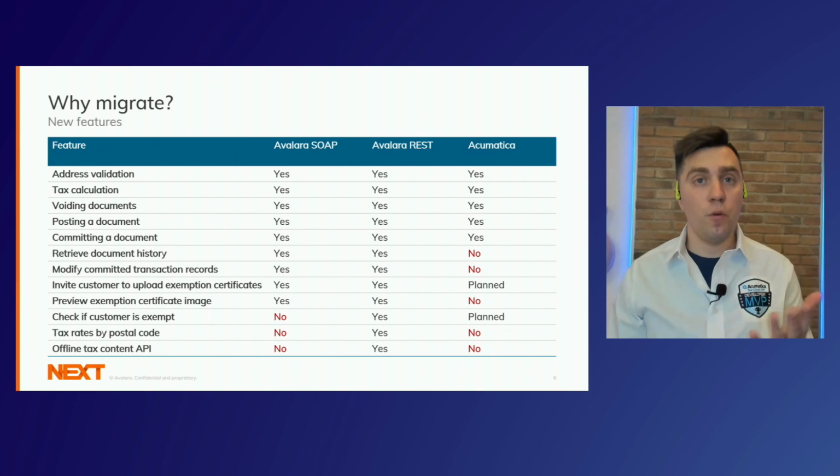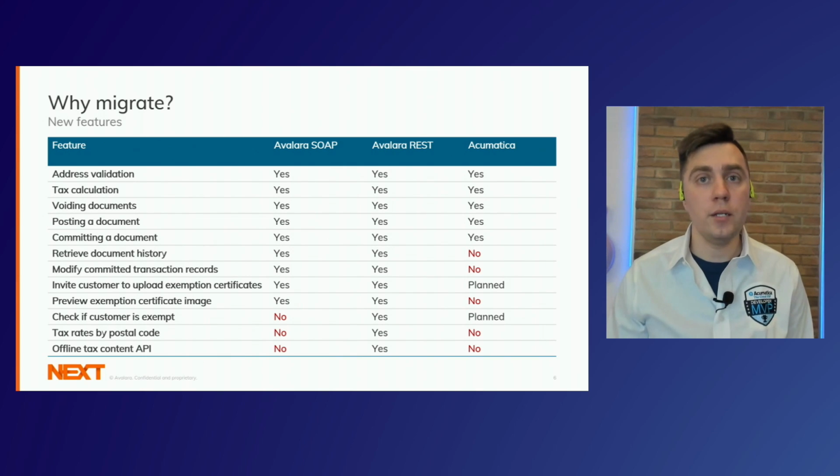And as you can see from this slide, we are working on two new related features: invite customers to upload exception certificates, and check if customer is exempt, one of which is only available in REST API. So I would recommend migrating even if you do not need to unlock any new features yet. Believe me, one day you will need it.